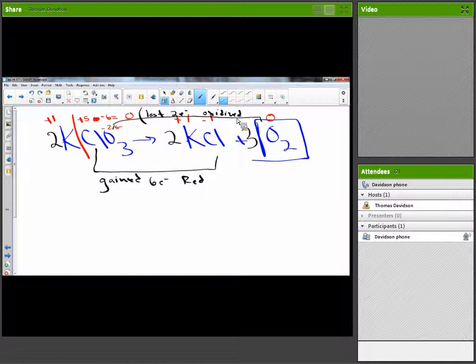So really, 6 oxygens lost 2 electrons for each one. Then, down here, how many total chlorines did we have? 2. So 2 chlorines gain 6 electrons each. So what's the total change here? 12 minus 12. That equals 0. So I have correctly balanced this, and life is bueno.